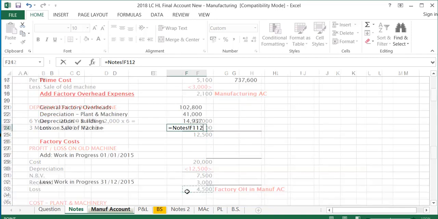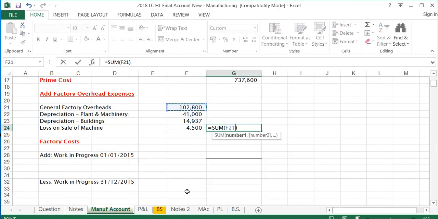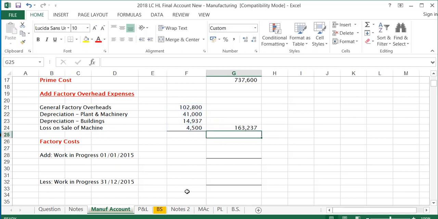And that 4,500 goes in factory overheads. So if I add up all of these factory overheads, they come to 163,237. I'm going to add that to my prime cost above. That leaves me with a factory cost of 900,837.